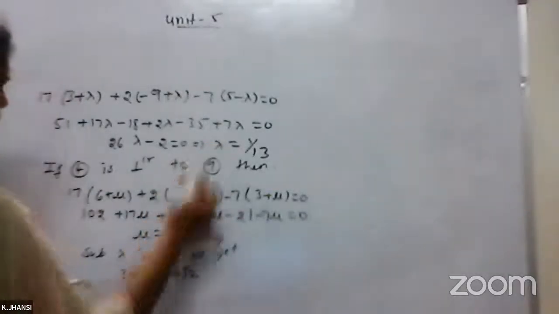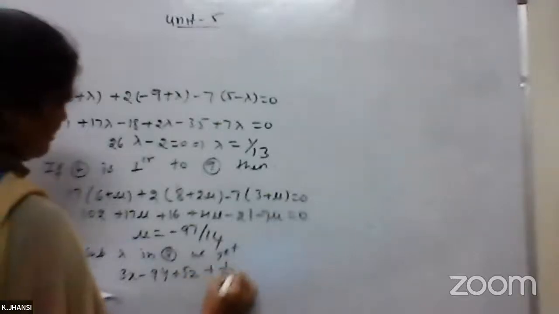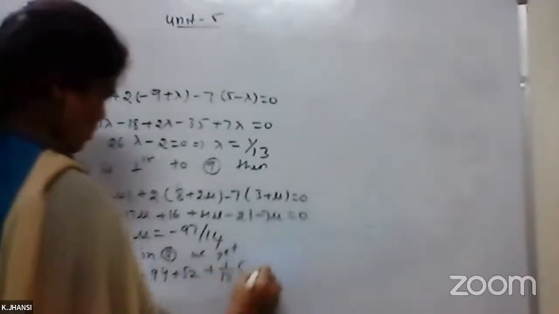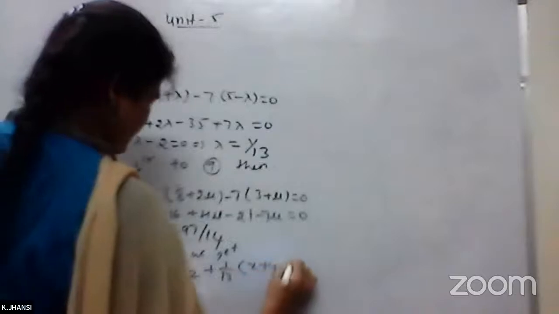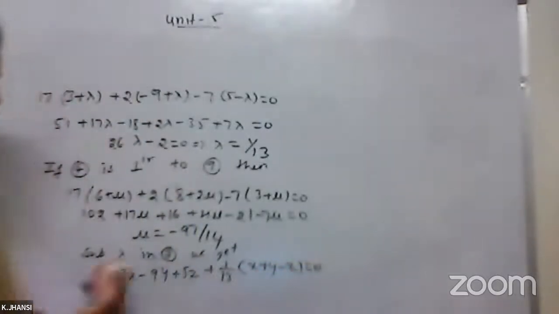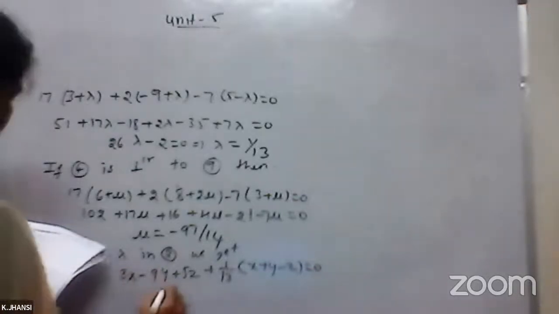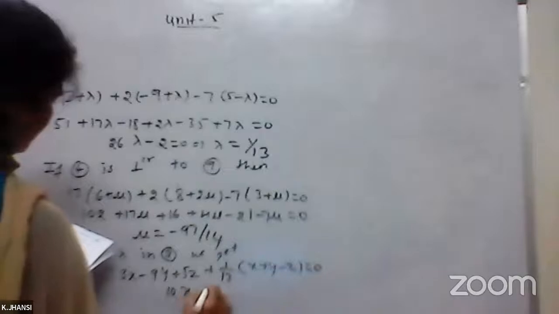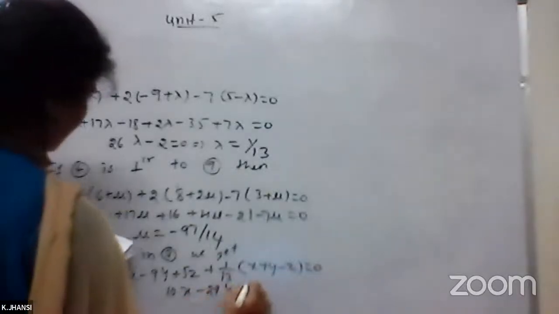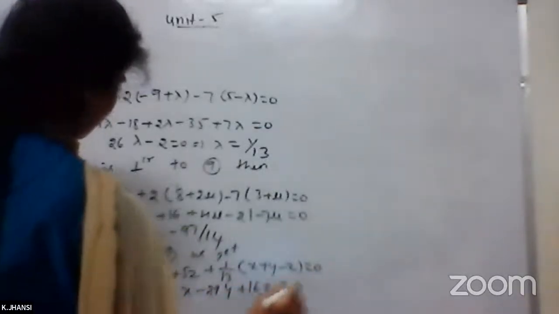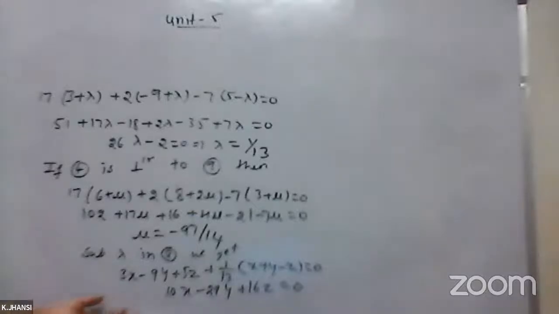So what is lambda value? Plus 1 by 13 into x plus y minus z equals to 0. Okay, you do the cross multiplication, and if you simplify, you will get the plane equation as 10x minus 29y plus 16z equals to 0. Okay, so this is the equation of the plane, first plane.